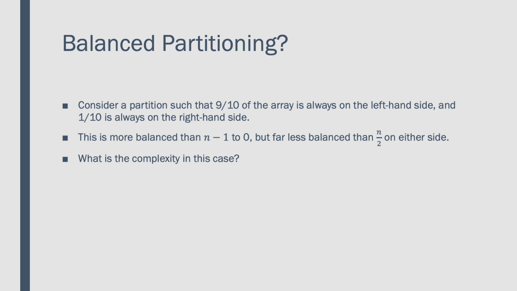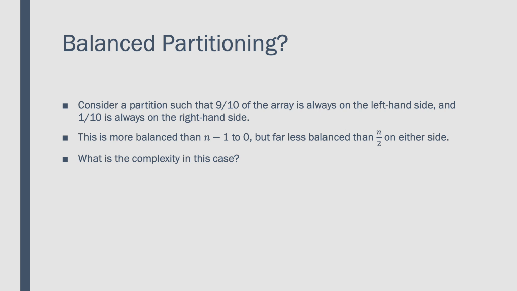Let's quickly recap the partitioning impact. With a perfectly balanced partition, n/2 on each side, the time complexity will be O(n log n). This is the best case scenario for quicksort.